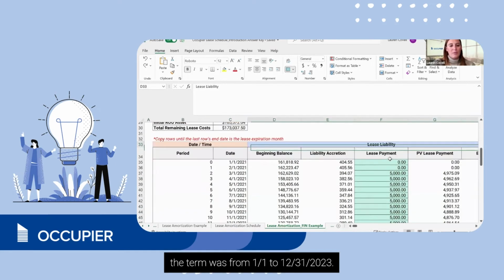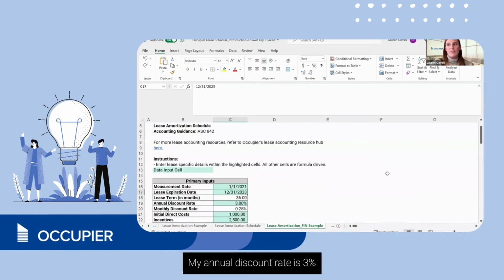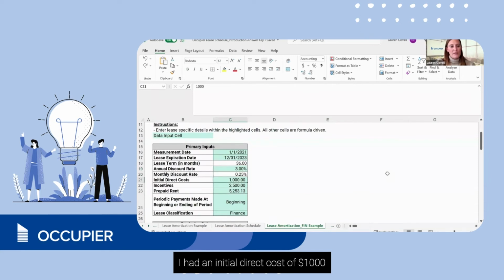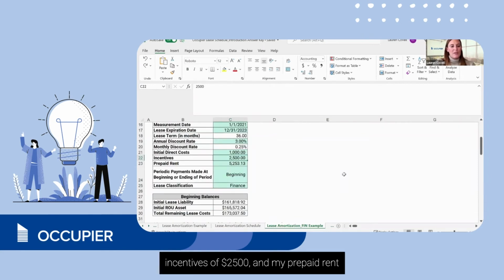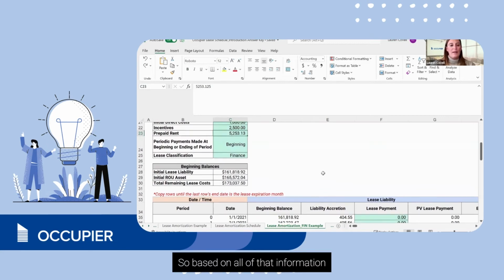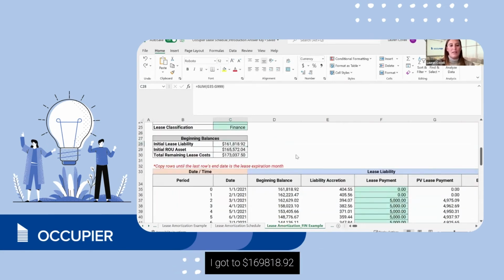The term is from 1/1 to 12/31/2023. My annual discount rate is 3%. I had initial direct costs of 1,000, incentives of 2,500, and my prepaid rent was that last month's rent of 52.53. So based on all that information, I got to 161,818.